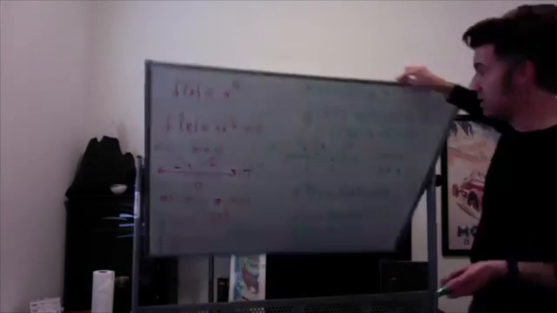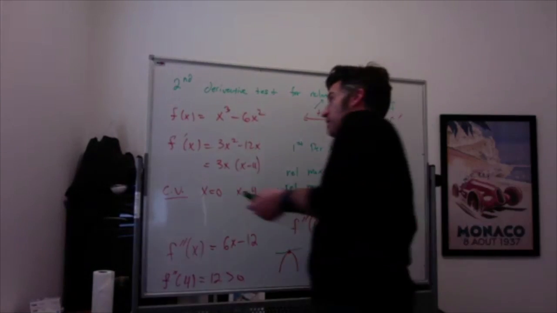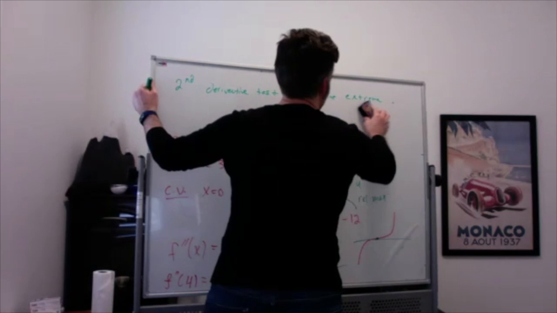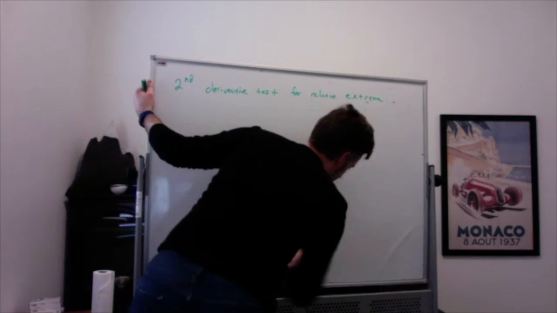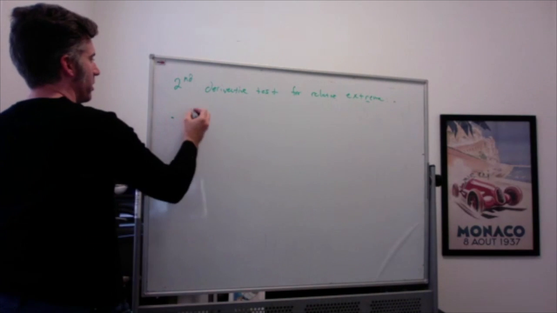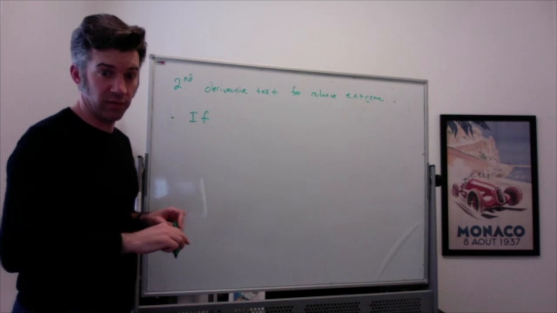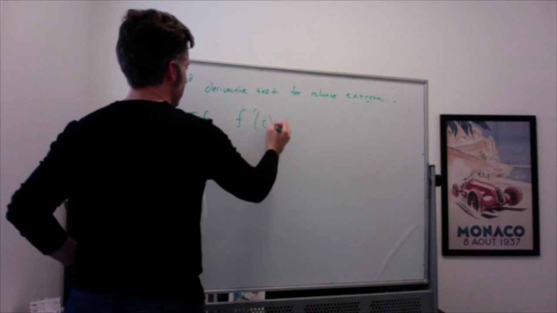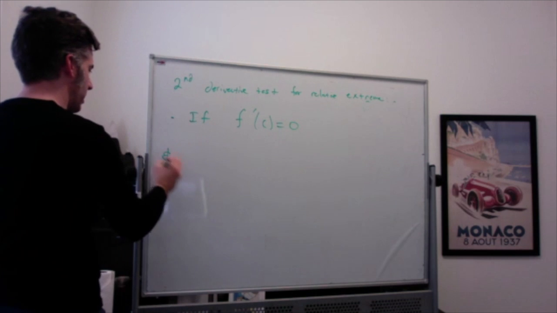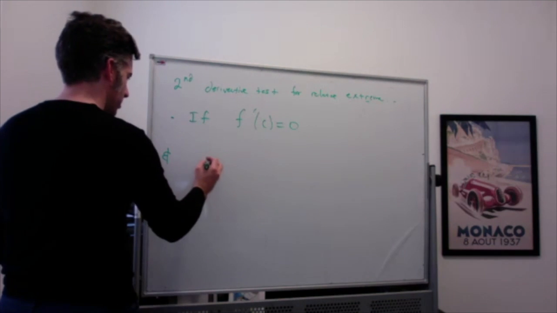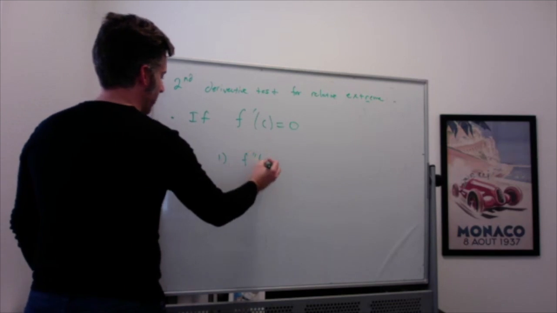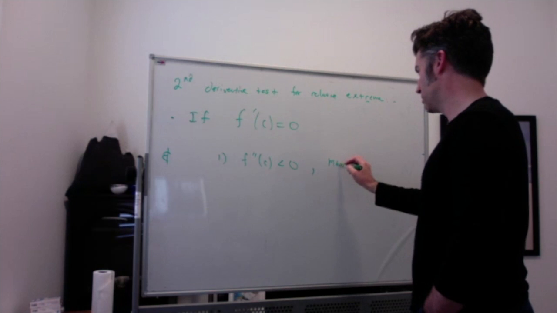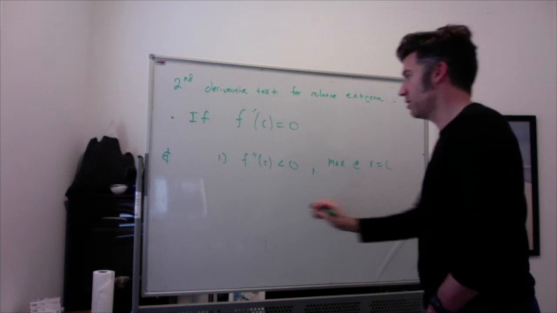Yeah, so that's what the second derivative test for relative extrema is. It says the following. If you have a critical value for the first derivative, so f prime of c is equal to 0, and either, one, f double prime of c is negative, then we have a max at x equals c.